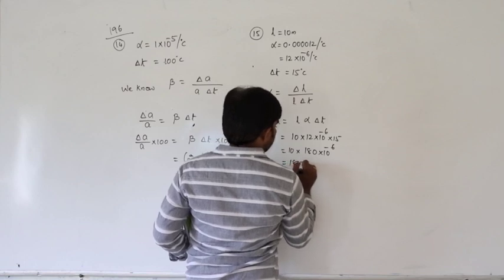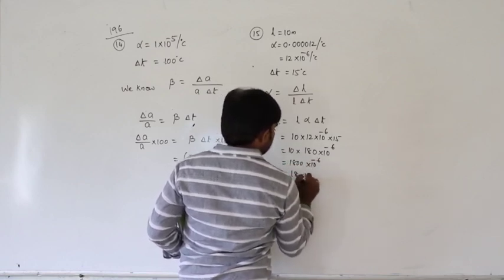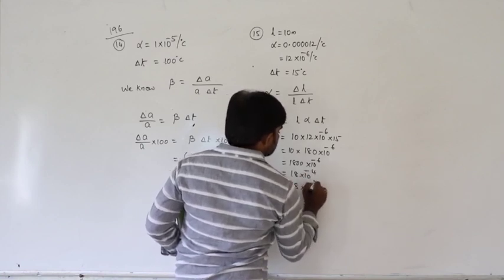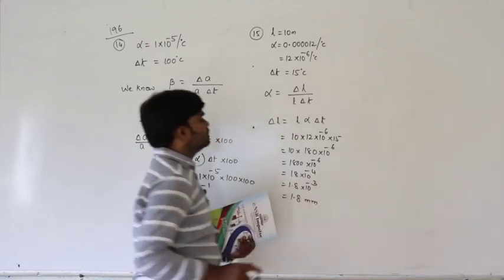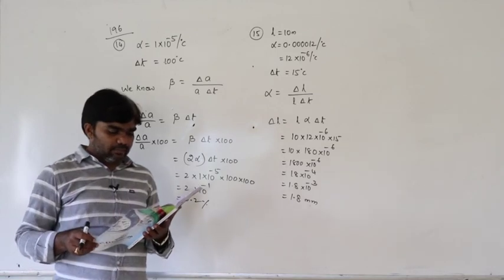So 1800 into 10 to the power of minus 6, that is 18 into 10 to the power of minus 4, so 1.8 into 10 to the power of minus 3, that is equal to 1.8 millimeters. The amount of gap that should be left is 1.8 millimeters.